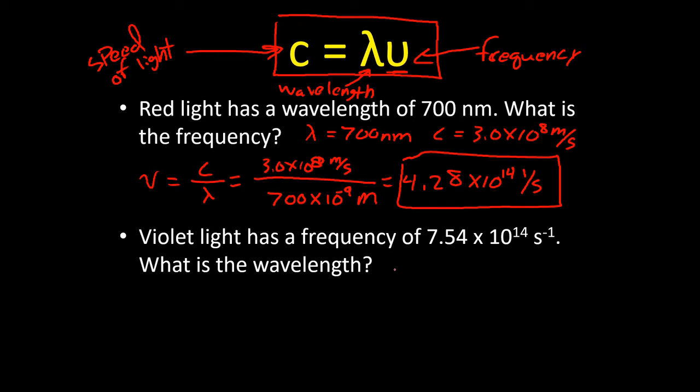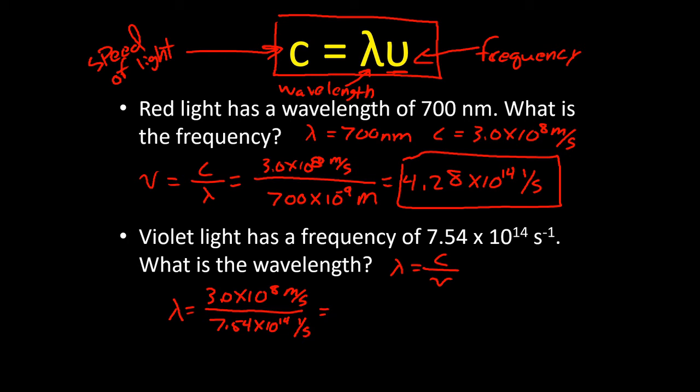So now we are trying to find wavelength, and so instead of using this equation, we're going to divide both sides by the frequency, and so that will give us the wavelength is equal to the speed of light divided by the frequency. We are given everything that we need to solve this here, and we don't even have to do a unit change in this case, because we know 3 times 10 to the 8 meters per second is the speed of light, and we are told that 7.54 times 10 to the 14 per second is the frequency.